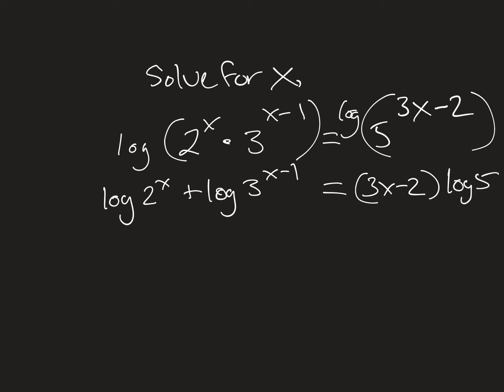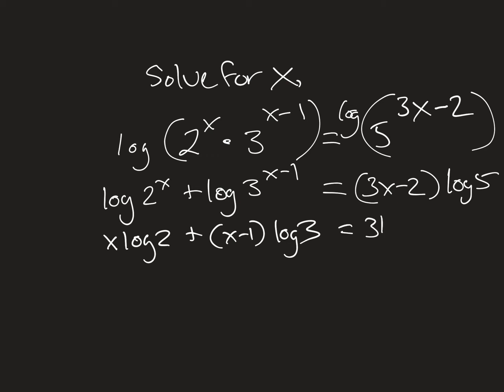Notice I put parentheses around it because the 3x minus 2 is all multiplied by the number log 5. Keep in mind, log 5 is just a number. It's an irrational number, but it is a number. On the left side, these exponents can come down, again putting parentheses around the exponents if it's more than one term.